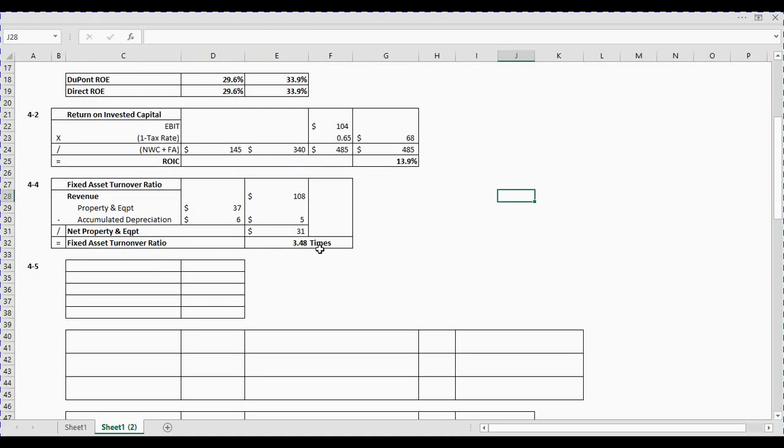And note the way I have this laid out, because we have to use net property and equipment. I show property and equipment here from when we were talking about depreciation in the last video. We note that property and equipment is maintained at its original acquisition price or cost, which is also called the basis. Accumulated depreciation: do you remember what kind of account that is?